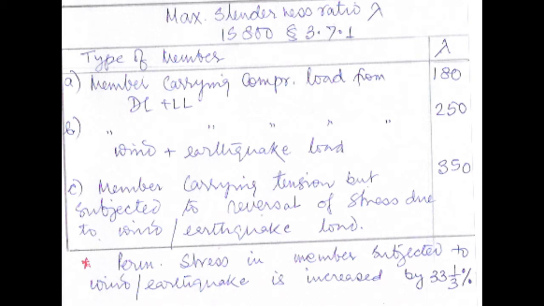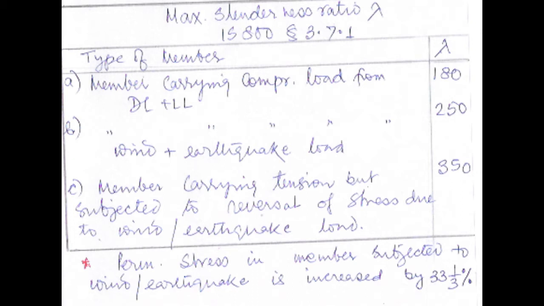Second case: if the member carries compressive load from wind and earthquake load, then the maximum slenderness ratio allowed can be 250. And the last one: if a member carries tension but is subjected to reversal of stress due to wind and earthquake load, then you can take the maximum slenderness ratio as 350. So remember this table and these values, as they will be needed for checks while doing the design.